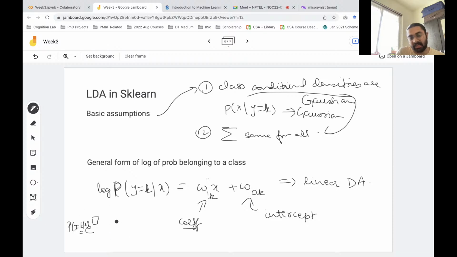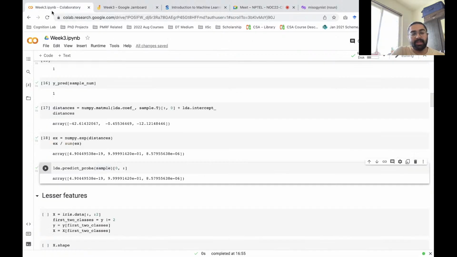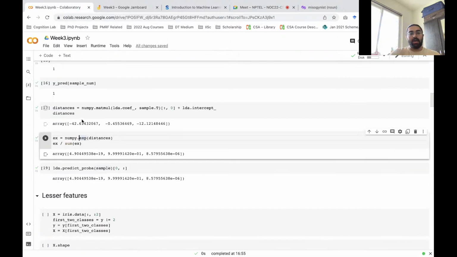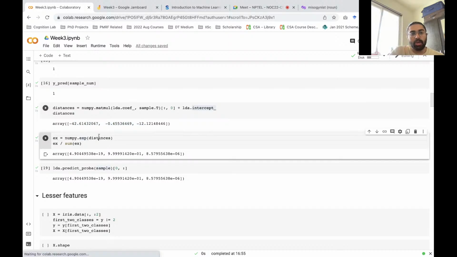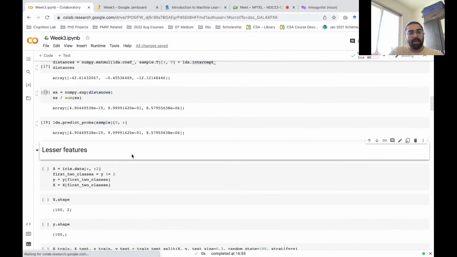What you will do is take the sum over all the classes, which is what we're doing here. You're multiplying the coefficients and the sample and adding the intercept. You get some values, take the exponential of these, and then divide by the sum of all exponentials to get the probability distribution. As you can see, these things basically match.